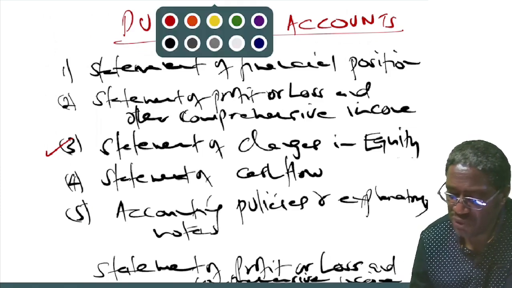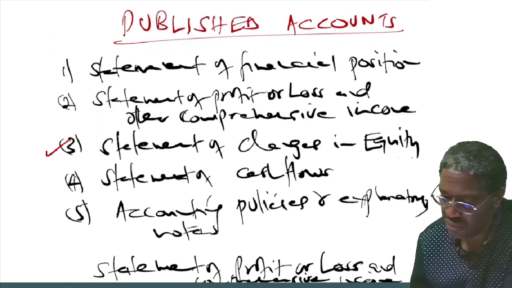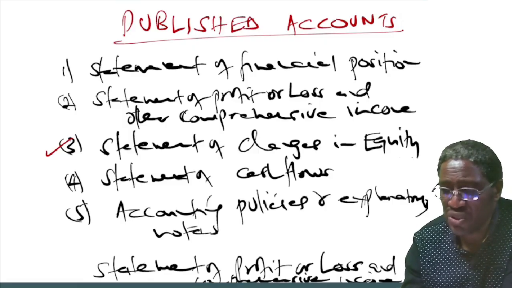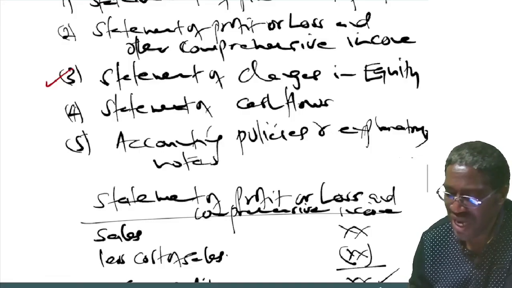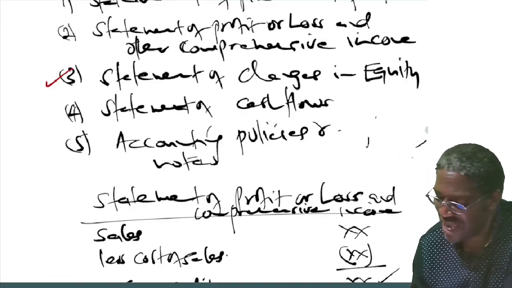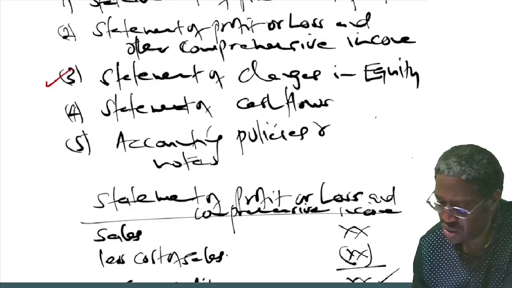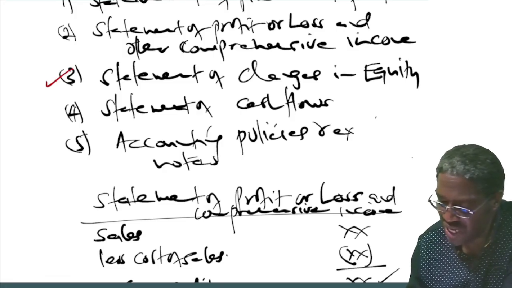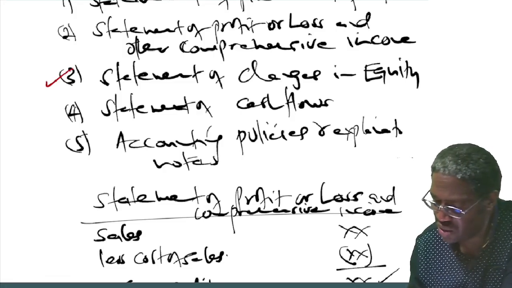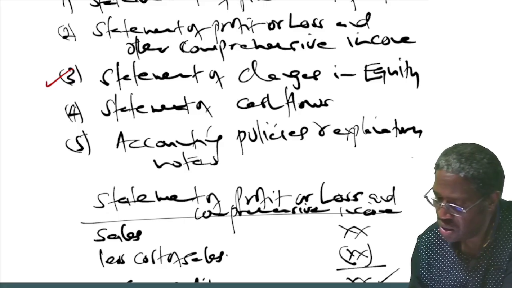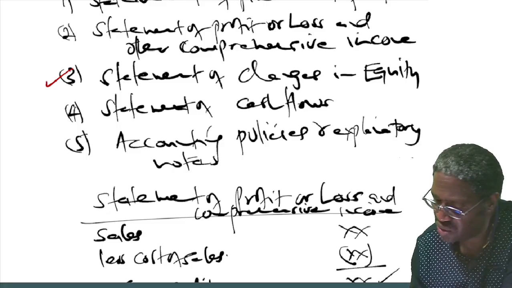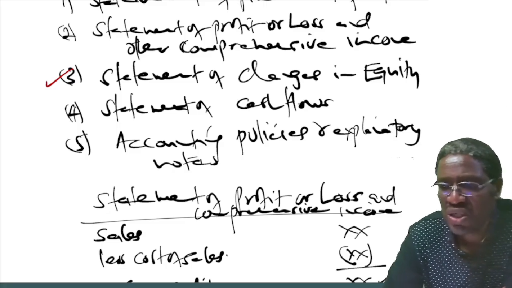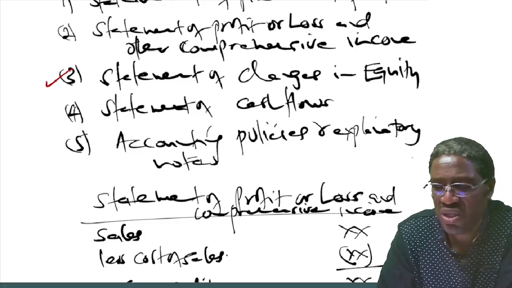Number 5. Accounting policies and explanatory notes.